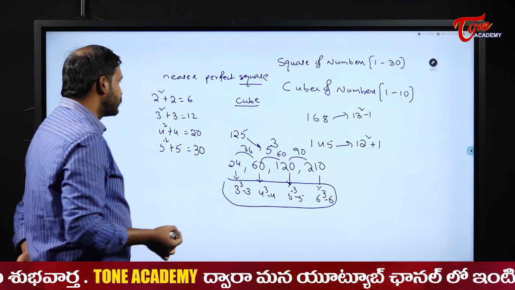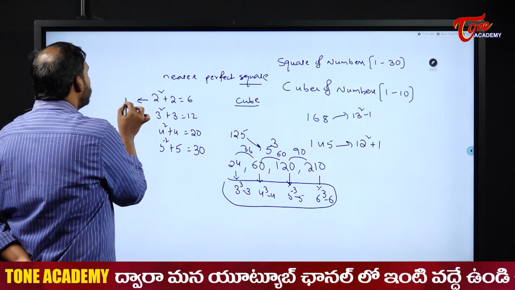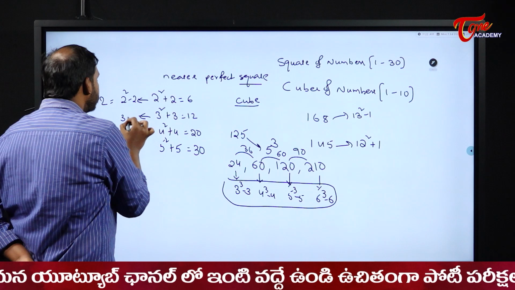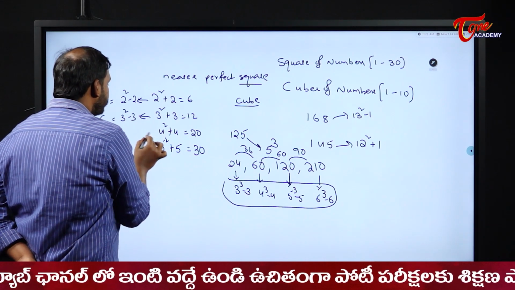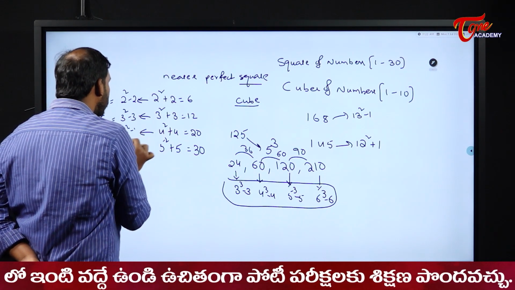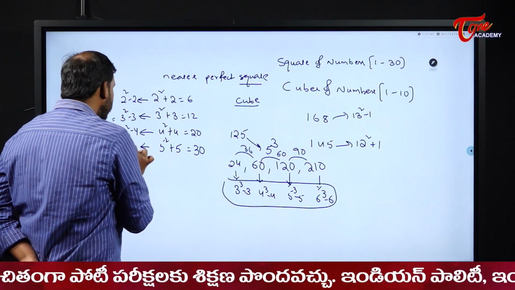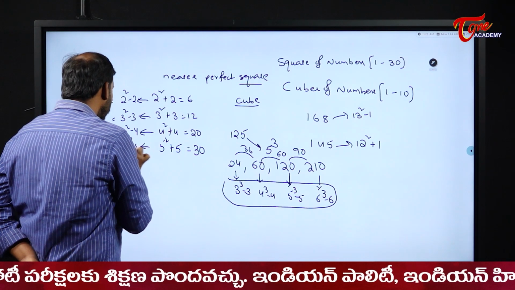Not only these, you should also be able to tell 2 square minus 2 is 2, 3 square minus 3 is 6, 4 square minus 4 is 12, 5 square minus 5 is 20.